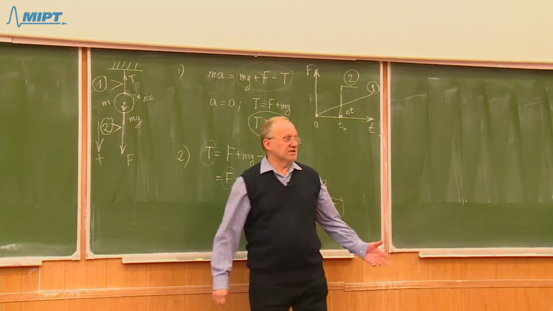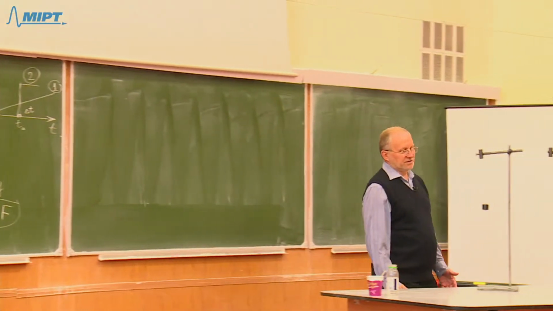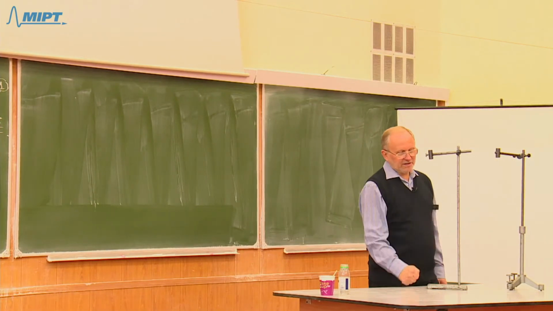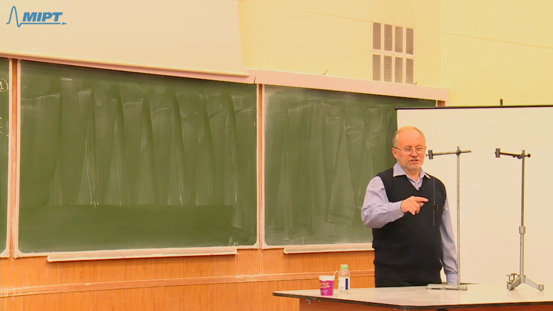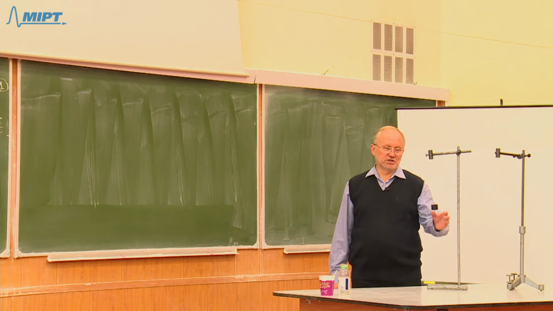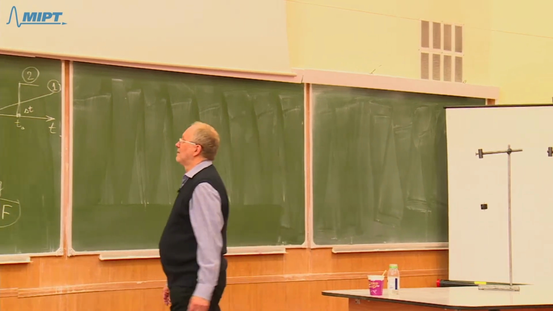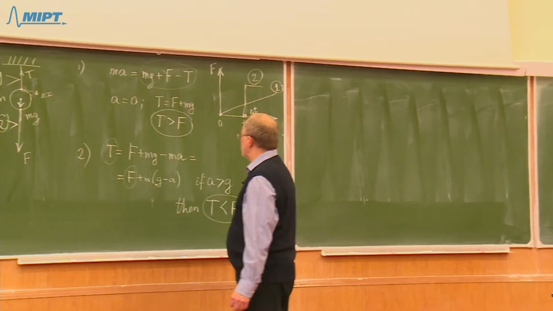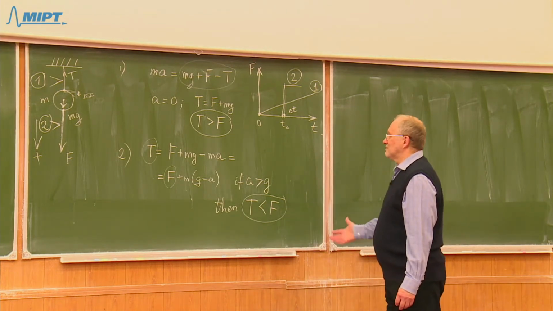So, a very simple experiment, and intuitively it's obvious that if you pull quickly, then the inertia of this weight will not allow the upper string to break. The inertia will save the upper string, and the lower string will be broken. And the theoretical consideration of this phenomenon is very simple.